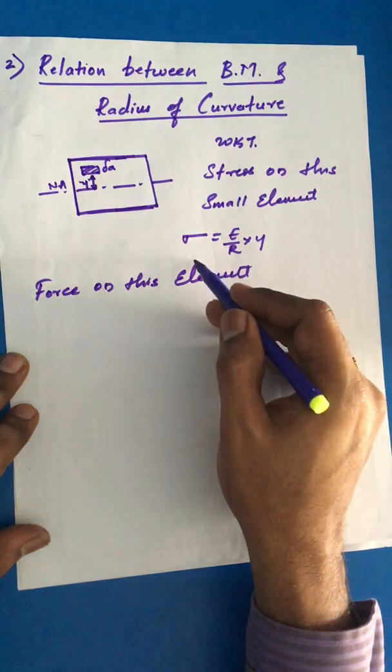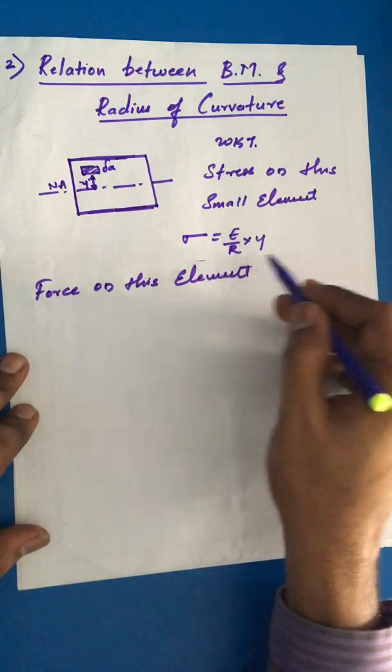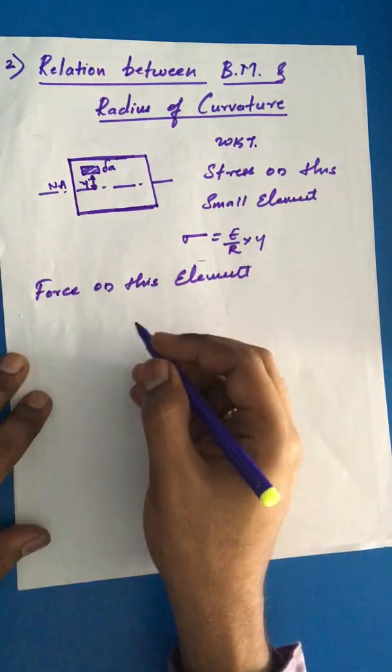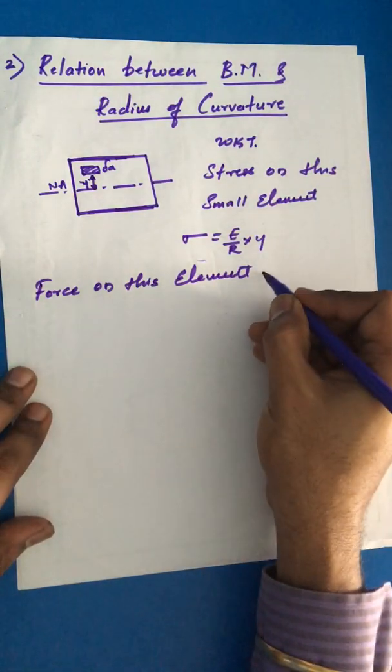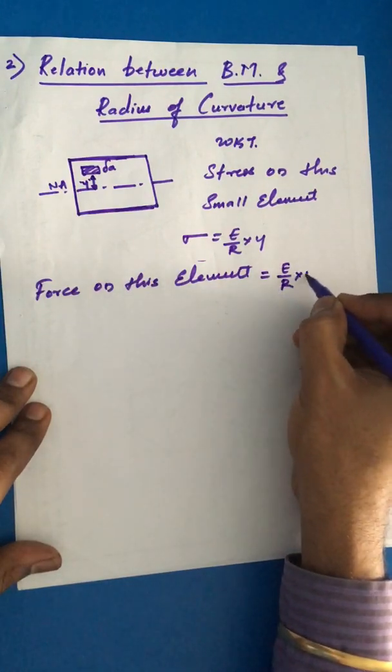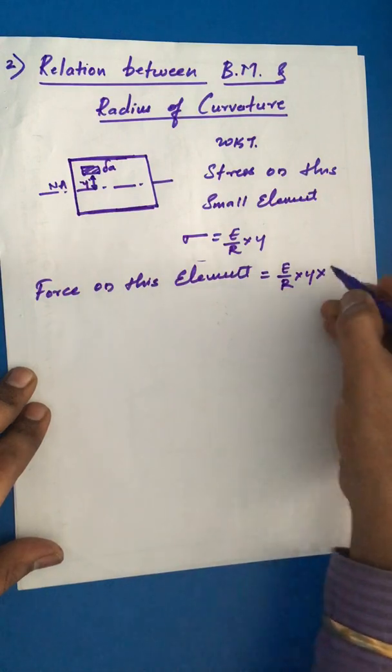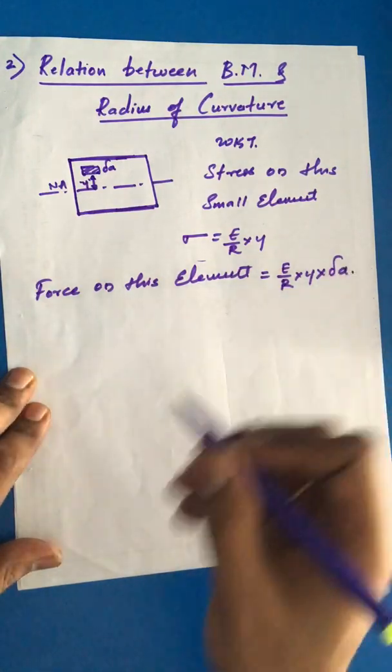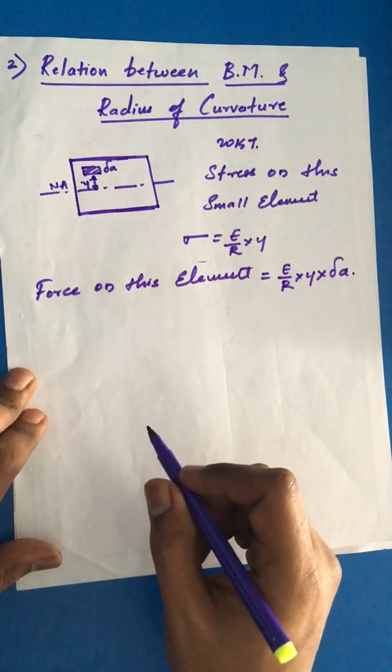We have got the expression for stress. So, what will be force then? This is equal to E by R into y into the area of the small element, delta A. This is the force on the element.